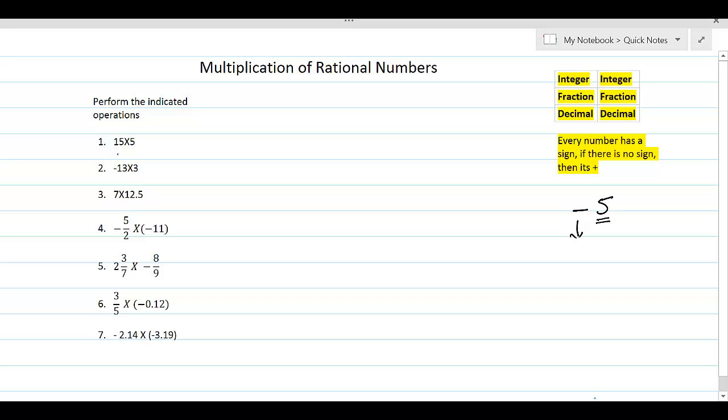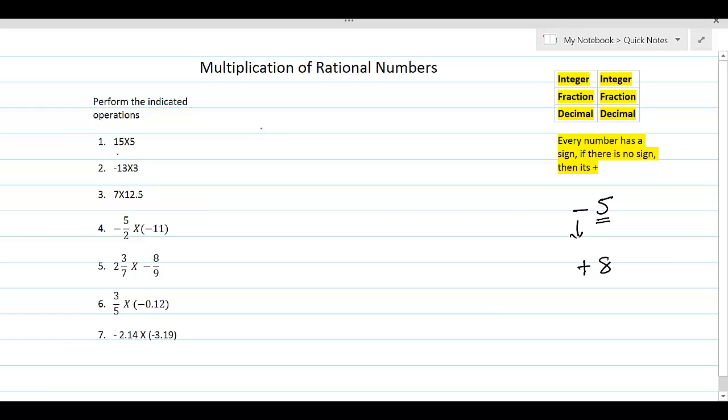If we see a number, just 8, without any algebraic sign, it's obvious that it will have a positive sign. So any number which doesn't have any sign with it, we can safely assume that the sign with that number is the plus sign.